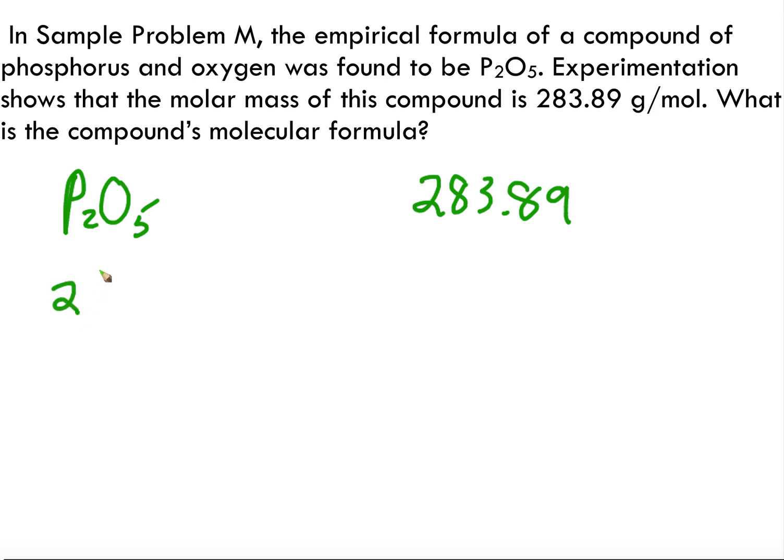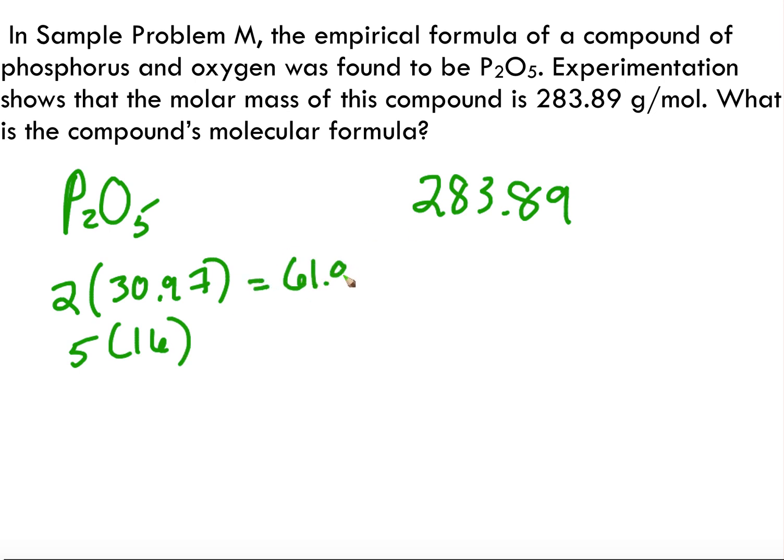So let's do that. We have 2 phosphorus at 30.97 apiece, and then 5 oxygens at 16. So we have 2 times 30.97, which is 61.94, and then 16 times 5 is 80.